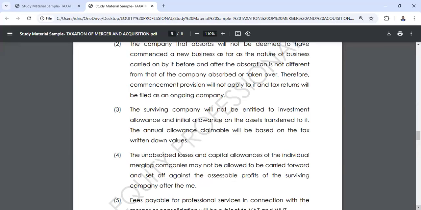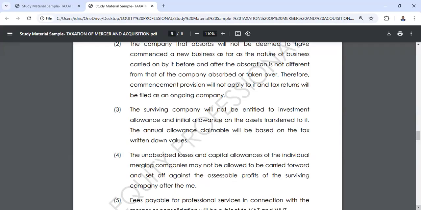When A acquired B, if any asset was transferred to A by B as a result of the acquisition, and A wants to claim capital allowance on the asset, he can claim annual allowance based on tax written down value. Sorry, he will not claim initial allowance. He can only claim annual allowance, and he will claim it based on tax written down value.